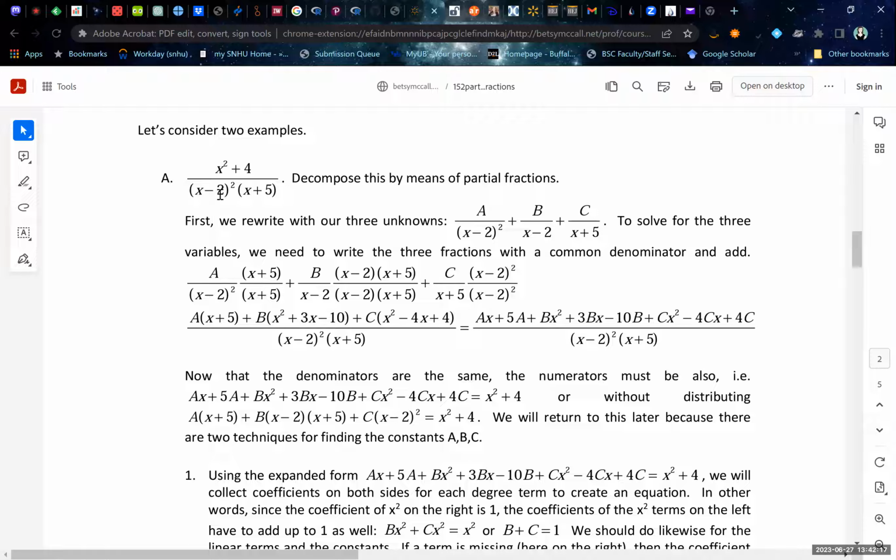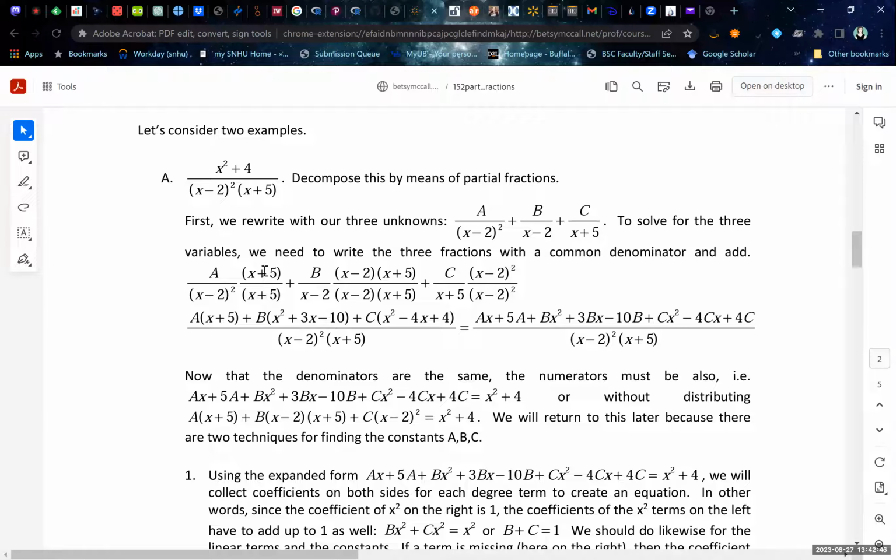We want to get back to the original denominator we had. So for this A term, I would need to multiply by my missing x plus 5. And then for the B term, I need another copy of x minus 2 and a copy of x plus 5. And then for the C term, I'm missing my 2 copies of the x minus 2. And now all of my denominators are equal.